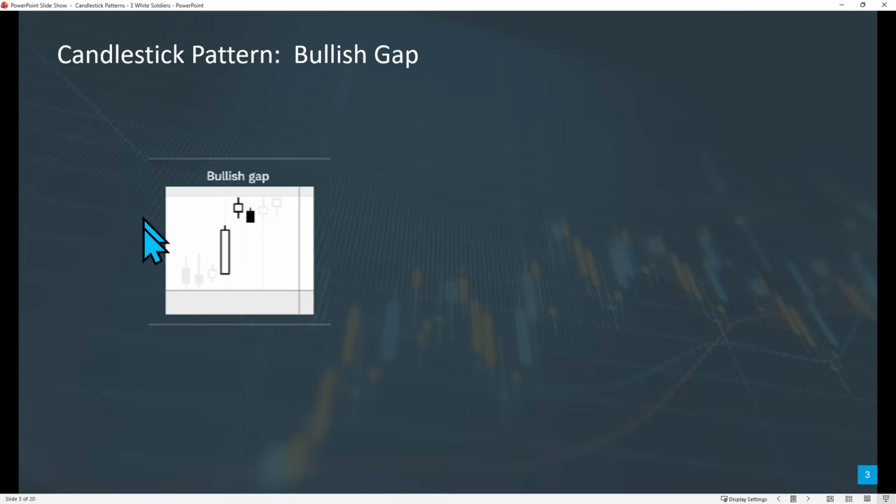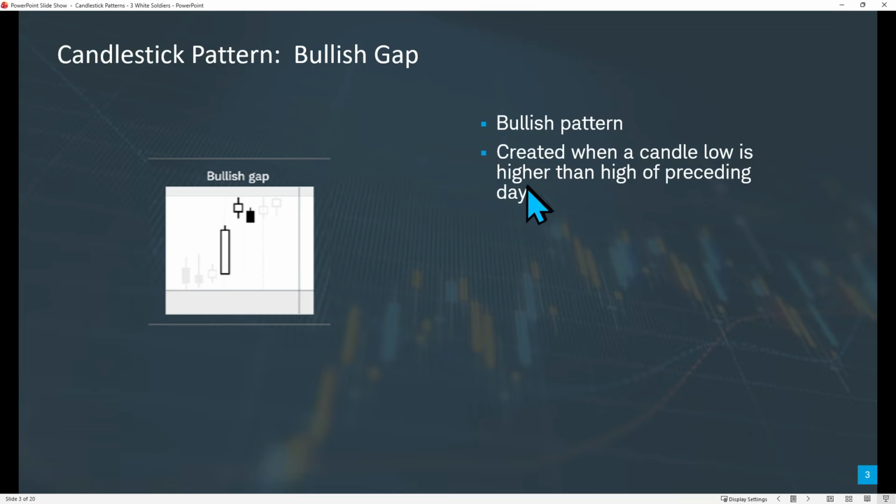So this is what our bullish gap looks like. And what makes this a bullish gap? Well, it is a bullish pattern, as you can tell from the name. It's created when the stock opens higher than the previous day's high, and even when you take into consideration the low of that day, it is still higher.